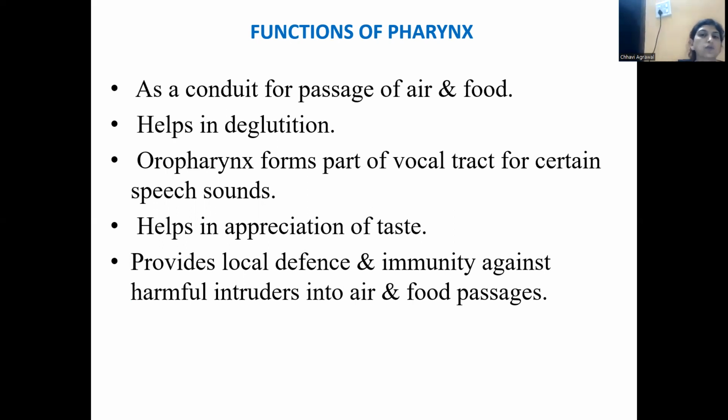There is the presence of Waldeyer's ring, that is the lymphoid tissue present in the oropharynx and nasopharynx. It comprises two rings: the inner ring, which comprises the palatine tonsils, the nasopharyngeal tonsils or the adenoids, the lingual tonsils, and the lateral pharyngeal bands, and the outer ring, which comprises the different groups of lymph nodes.